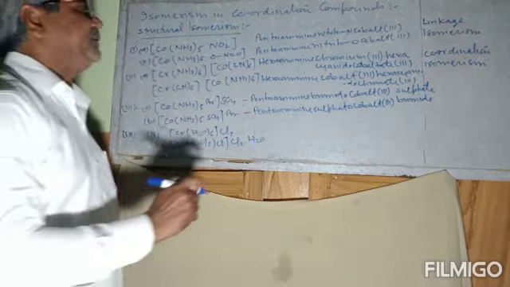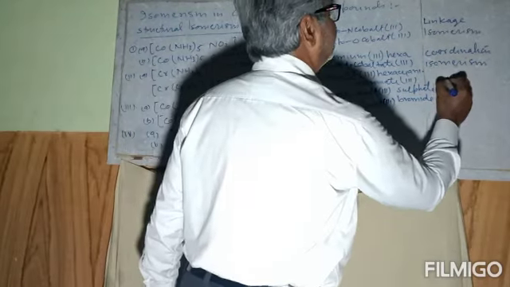So these are the examples of ionization isomerism.